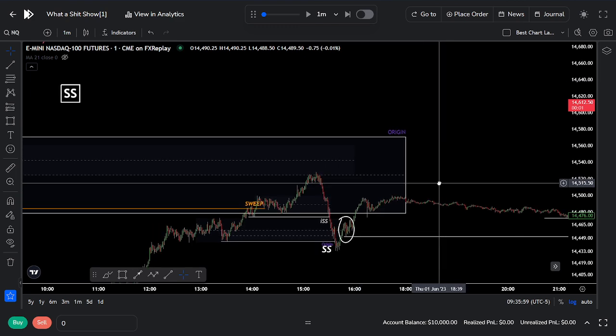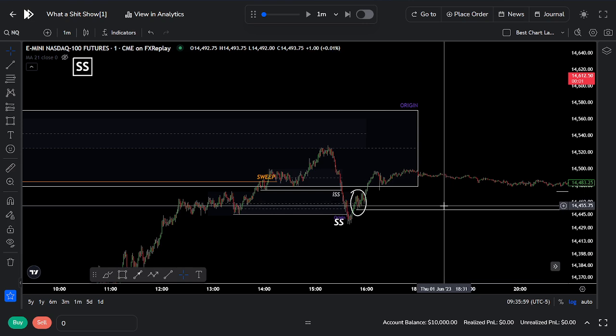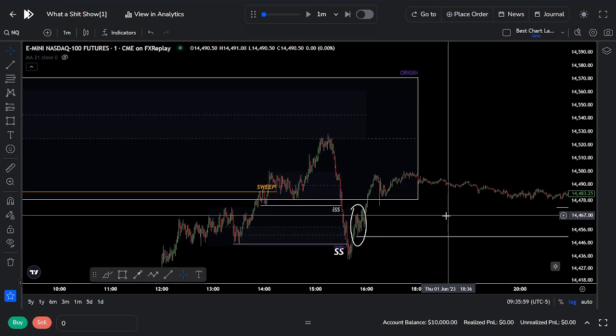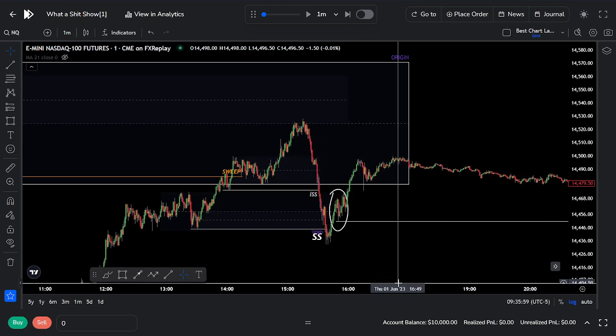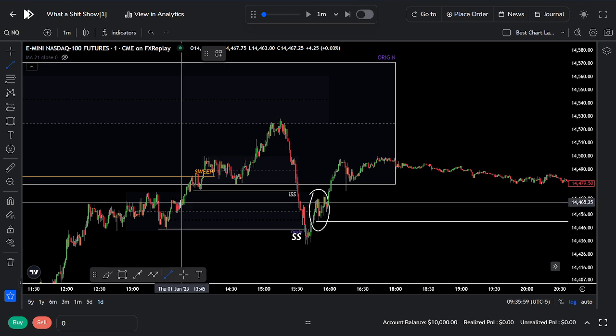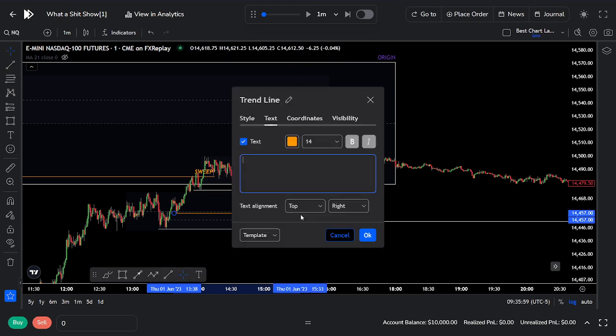So now there's a couple key distinctions here. And you know something? You can even count this as an ISS to the left. We'll look on the 5-second in a second to prove my point.